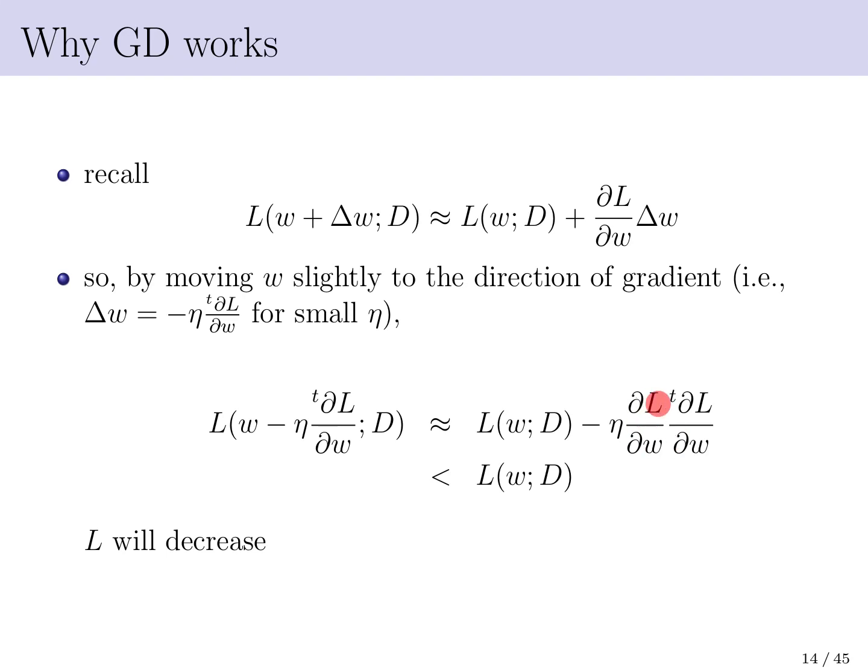Here you are essentially taking the inner product of two same vectors, right? So this part is always positive. So the right hand side is always slightly smaller than this value alone. In other words, L will decrease by moving W in this direction.